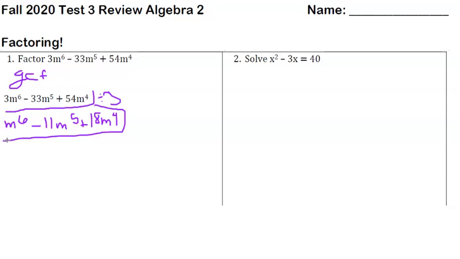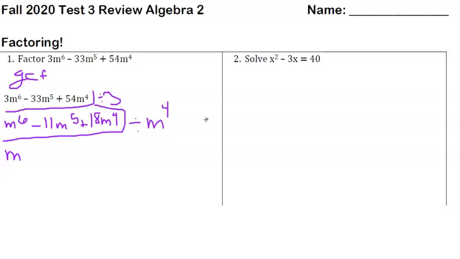Besides 1, it looks like there's no other numbers we can factor out, so now we'll look at the variables. We can factor out m. The smallest exponent of m is not 6, not 5, but 4, so we'll take out 4 of those, m to the 4th power. So we'll divide each of these terms by m to the 4th power.